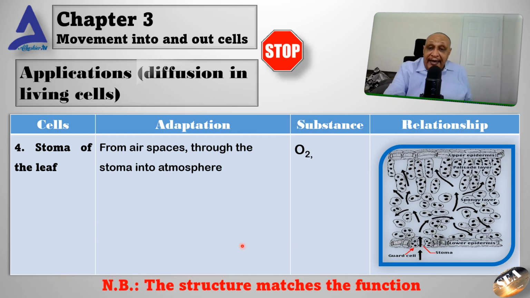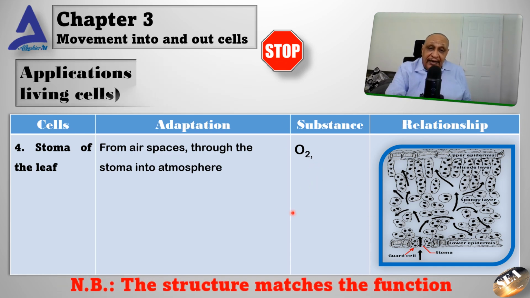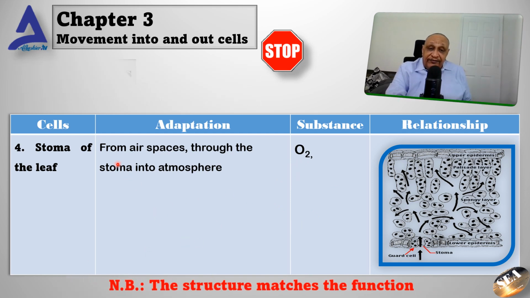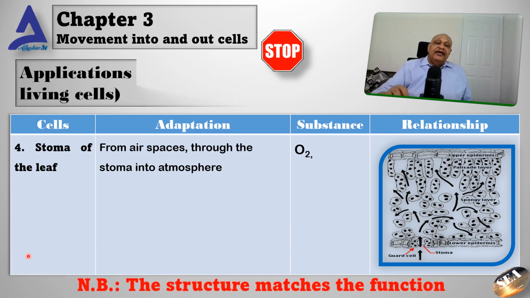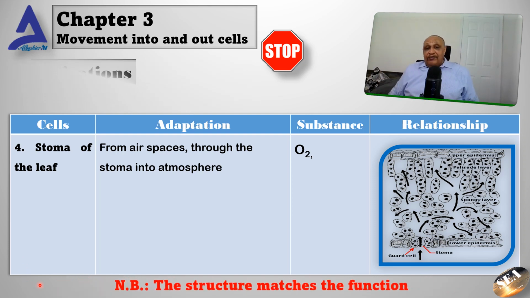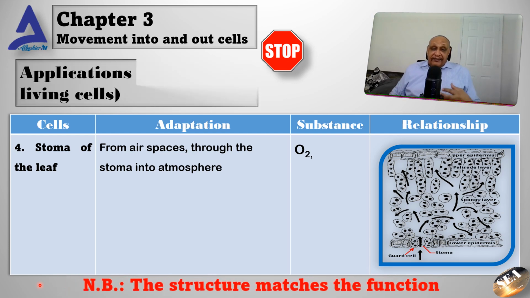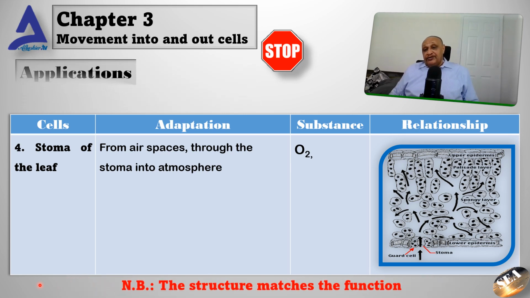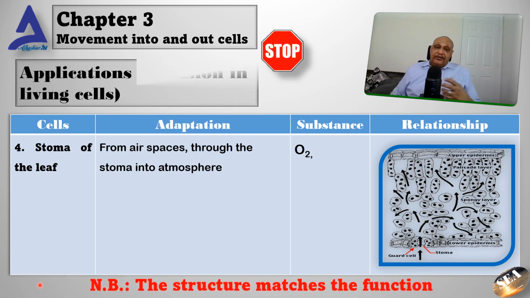The substance used is oxygen, and this is from the airspace through the stoma into the atmosphere. We are going to study this when we come to how the plant makes photosynthesis and how the plants respire, the respiration process in the plant. We are going to do that when we come to this point.